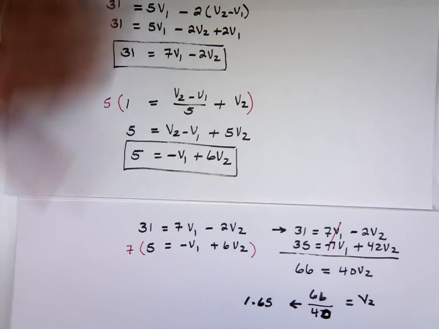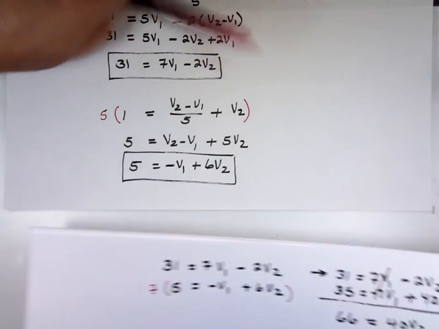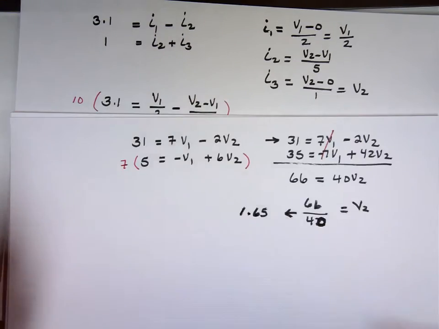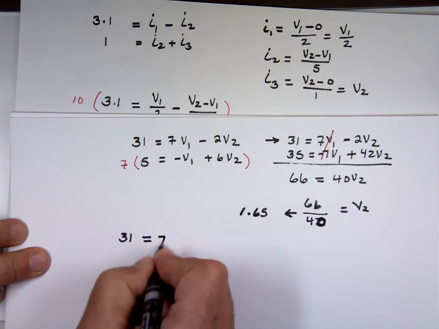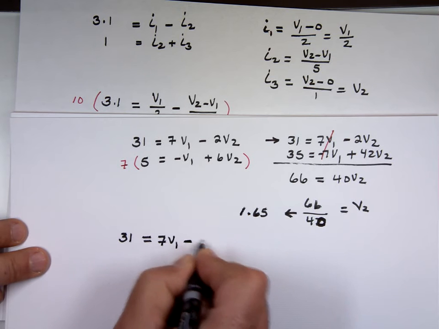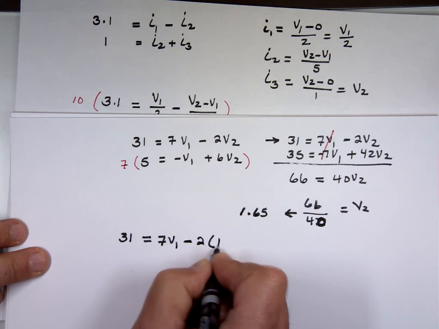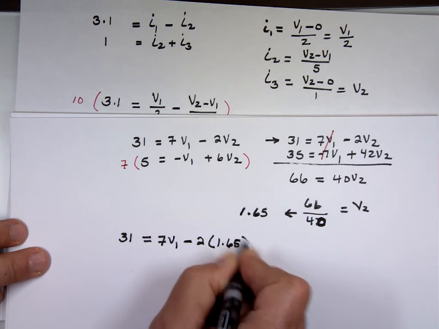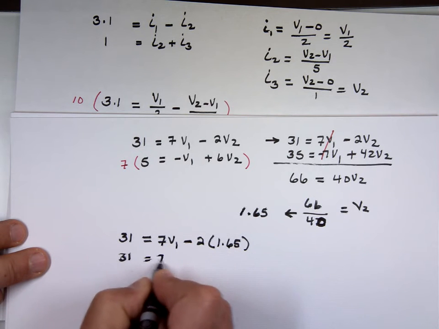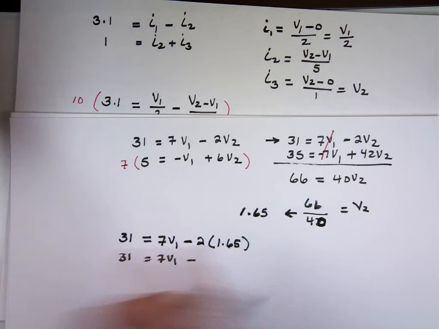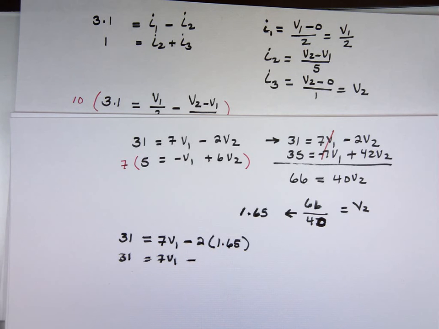If you know V2, can you find V1? Grab either equation. 31 equals 7V1 minus 2 times V2, and V2 is 1.65. That's 3.3.